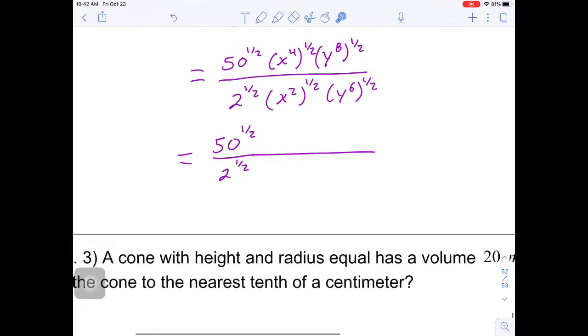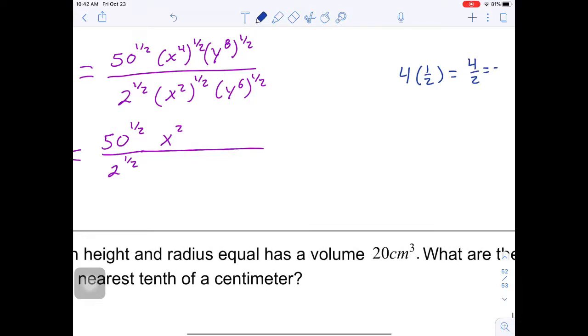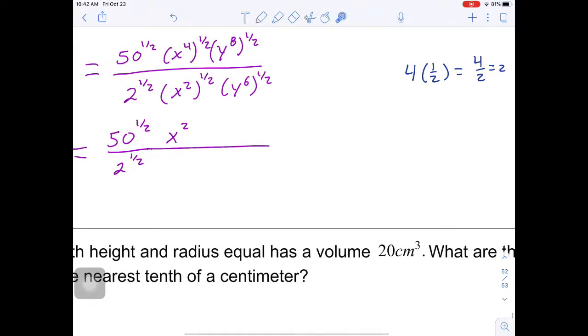Here, 4 times 1 over 2 becomes 4 over 2, which is 2, so x to the power of 2. 8 times 1 over 2, when you're multiplying a whole number by a fraction, you multiply the whole number on the top. So it'll be 8 times 1, which is 8, divided by 2 is 4. So here I'll get y to the power of 4.